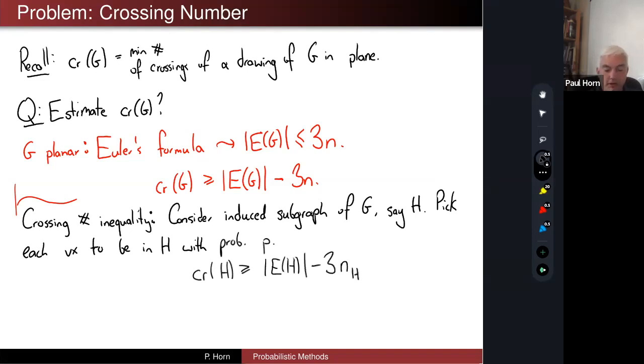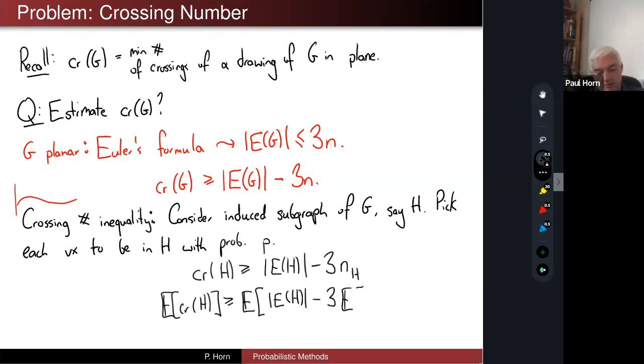And now what I'm going to do is take the expectation of everything. I'm going to consider the average. So this means that the expected crossing number of H is bigger than or equal to the expected number of edges of H minus 3 times the expected n of H.